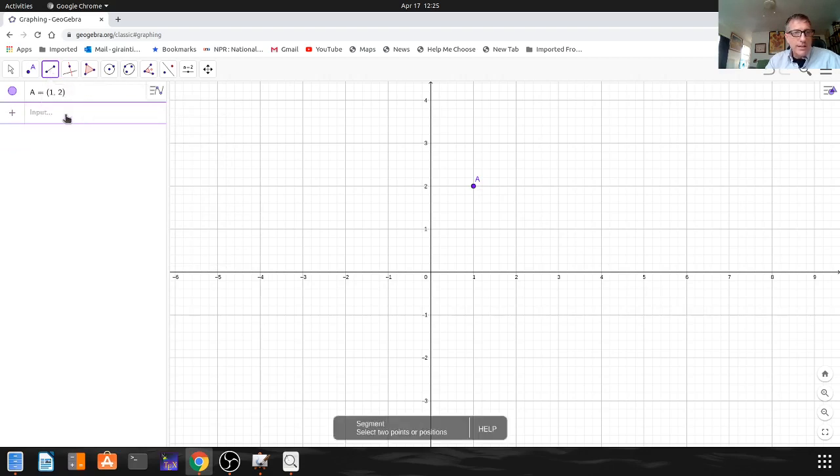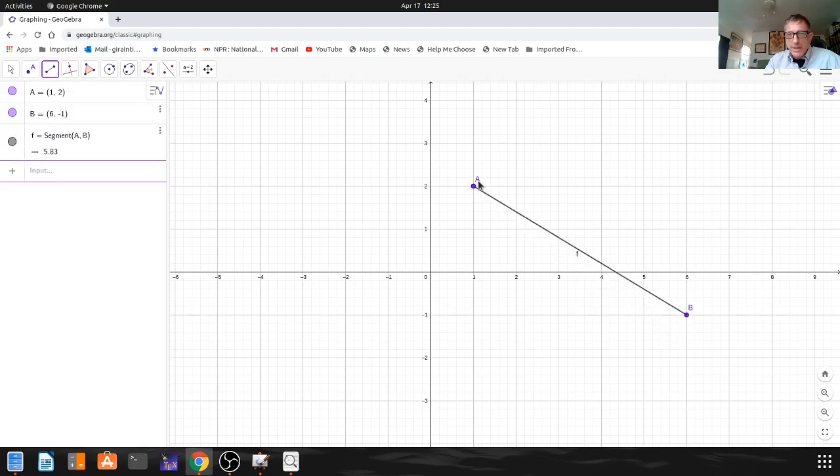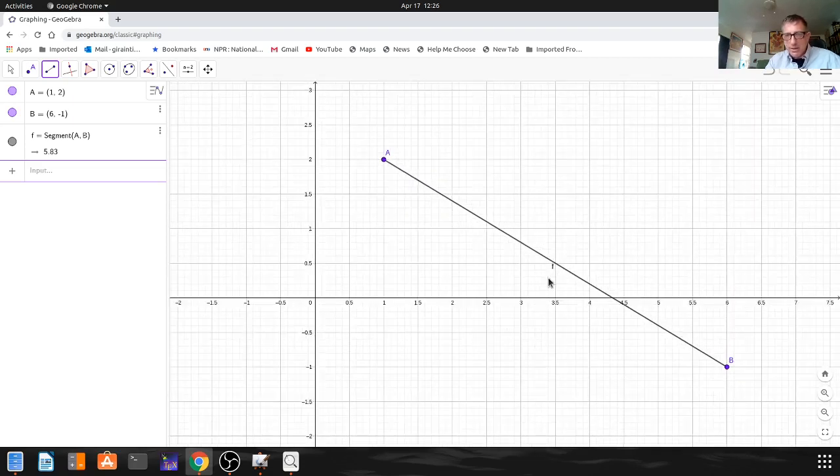So, line segment. I have the point A, and I have the point B, and this is a line segment. It's symbolized by the letter F, and it actually tells you the length right here. So I actually want to find the length of the line segment.